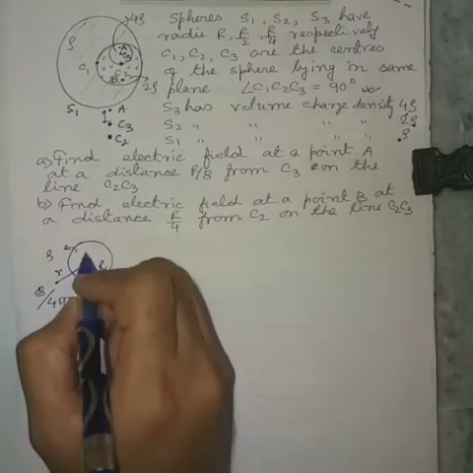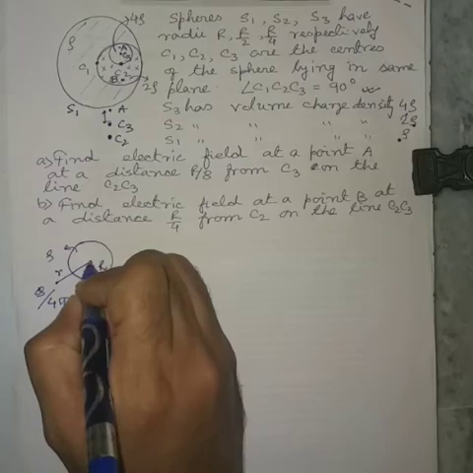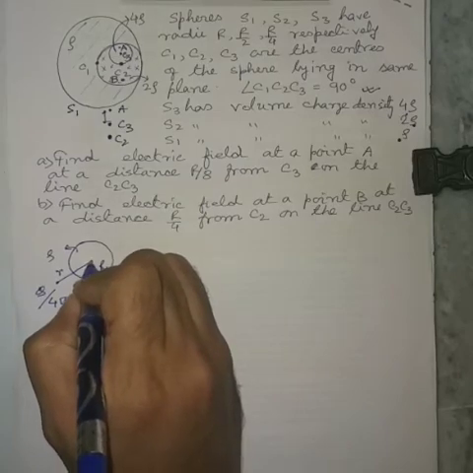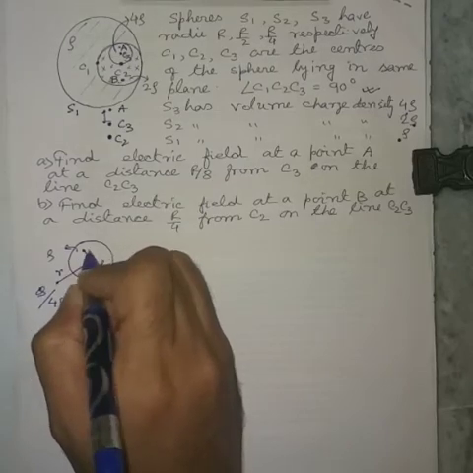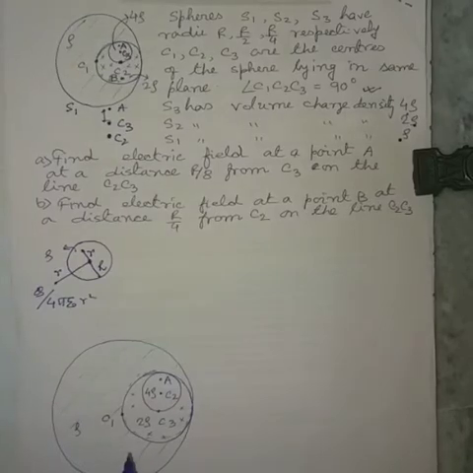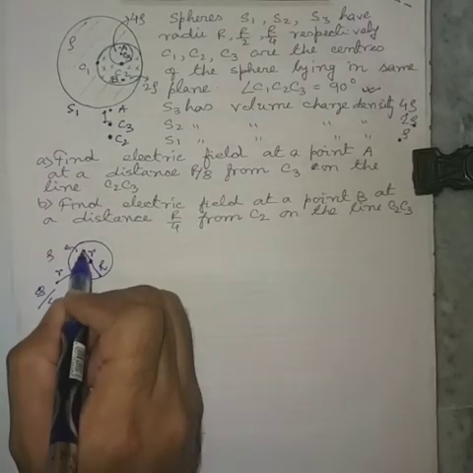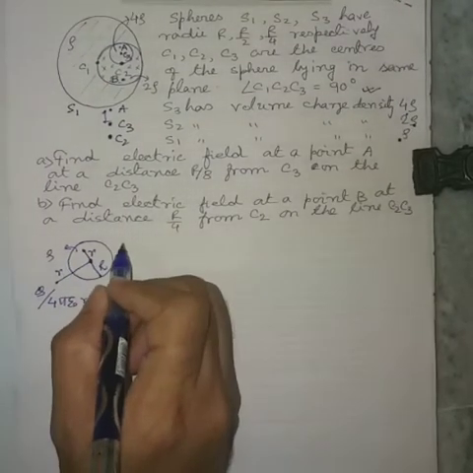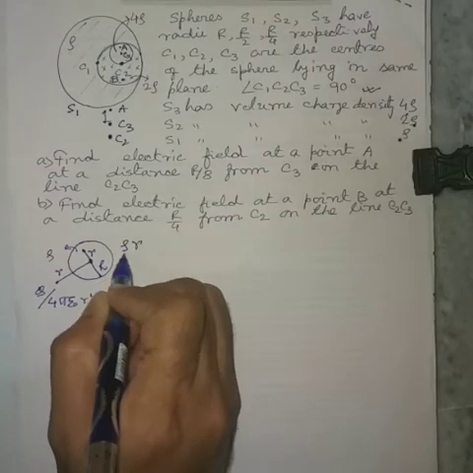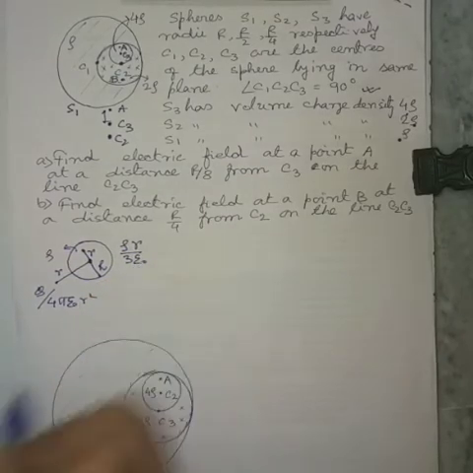Now if we have to find out electric field at any point inside the sphere at a distance r from the center, then electric field at any point inside will be rho r by 3 epsilon naught.